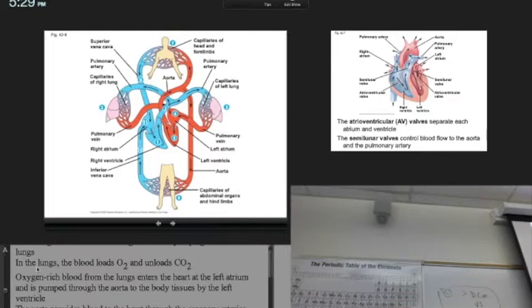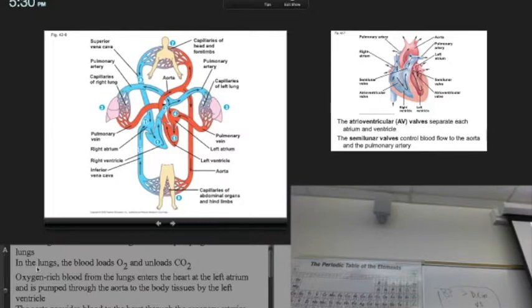It's going to the pulmonary circuit. So what do you think this artery is called? Pulmonary artery, right? So it's going through the pulmonary artery, splitting to the separate lungs, exchanging in the capillary beds of these lungs, now becoming oxygen rich.